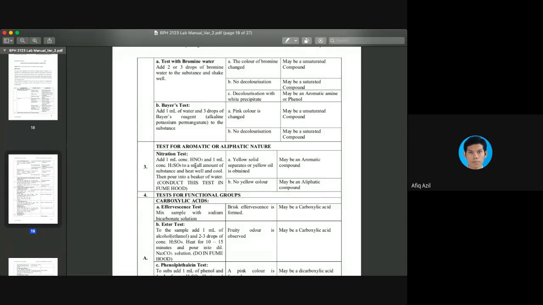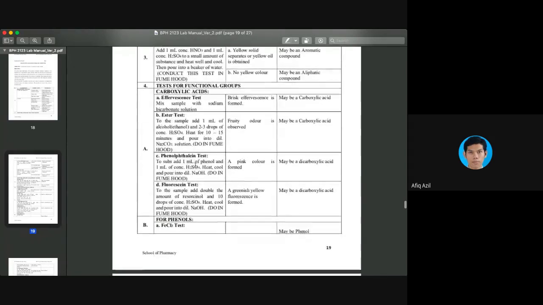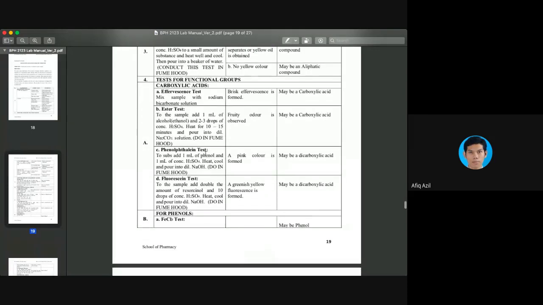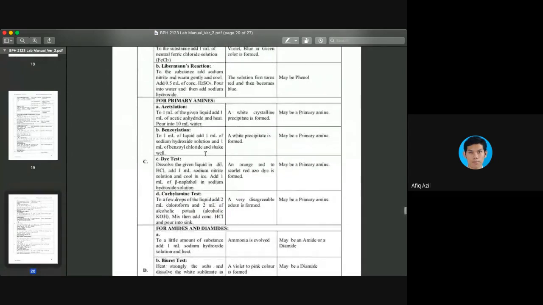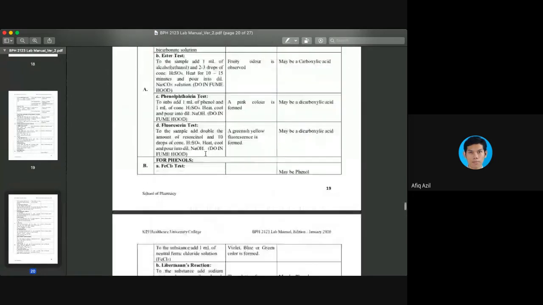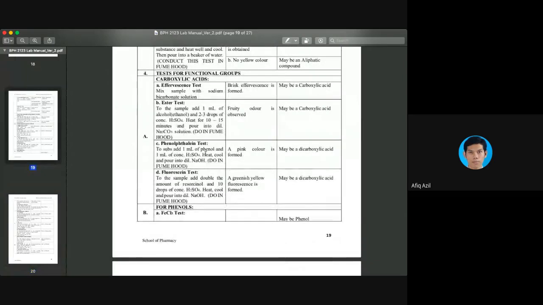And then for the functional group tests, there are tests that you'll be doing for carboxylic acid, phenol, and also amine and amide. So the first one is the carboxylic acid, in which there are 4 tests, the first being the effervescence test. This is basically just mixing the carboxylic acid with sodium bicarbonate solution.